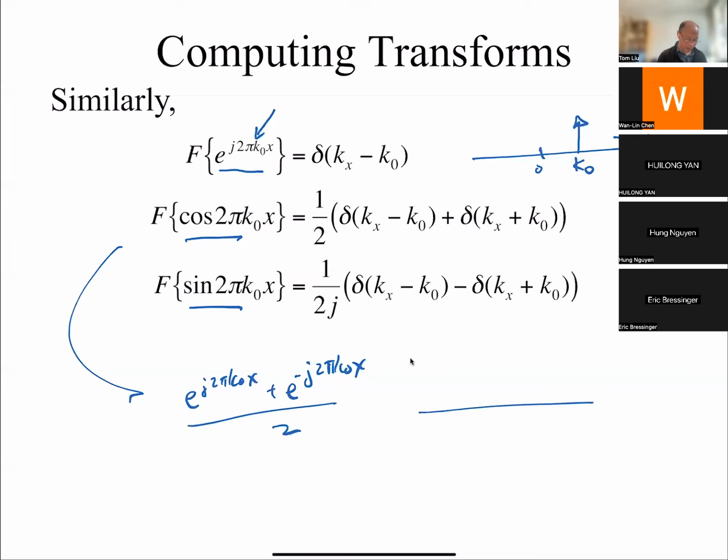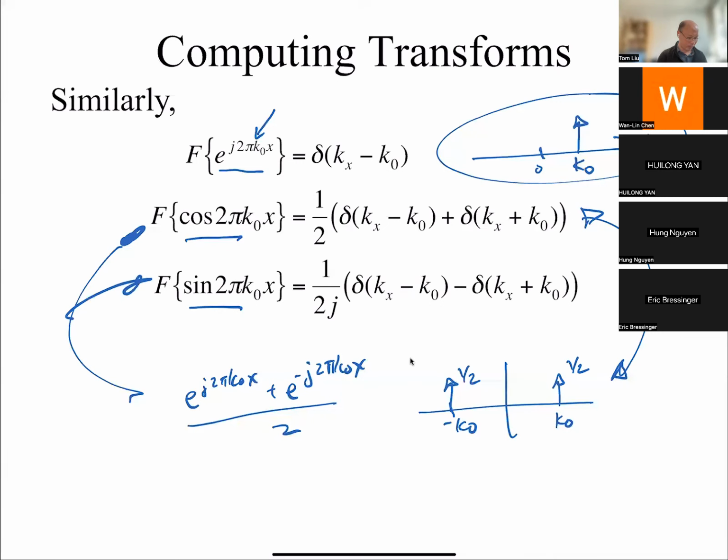And so this is going to have 1/2 at k naught and 1/2 at minus k naught. So that's this expression here. Okay. So complex exponentials and cosines and sines are all related. And as long as you remember this, then it's quite easy to figure out what it is for the sine and the cosine. All right.